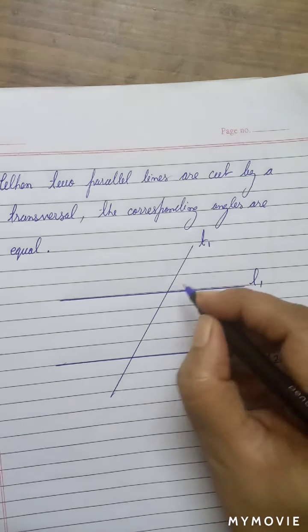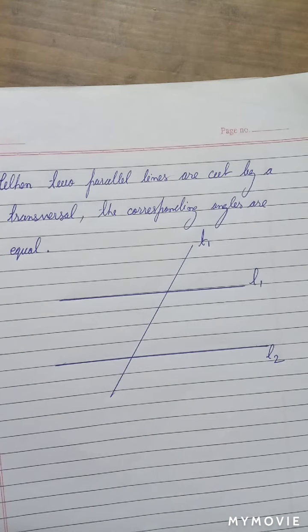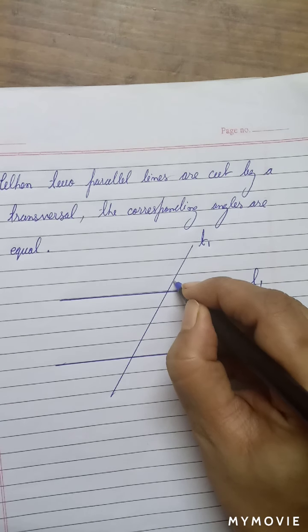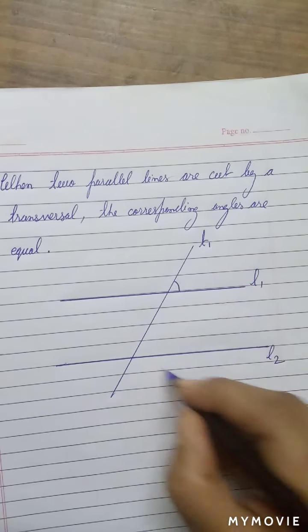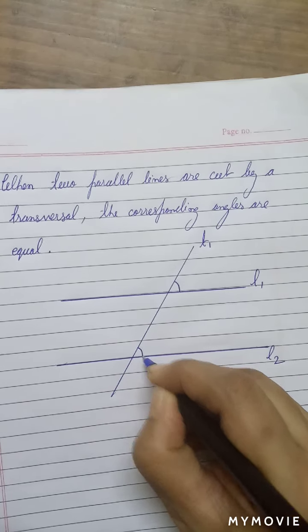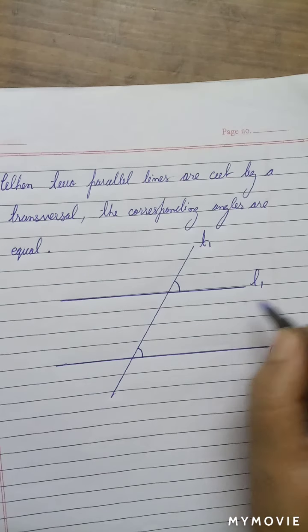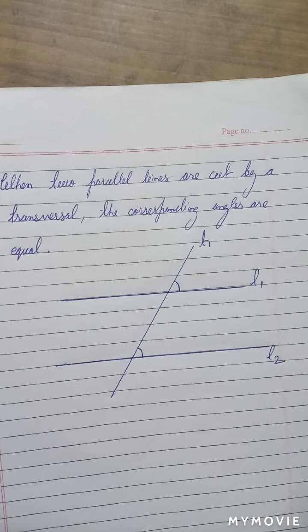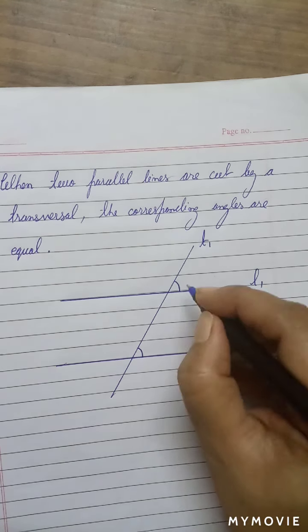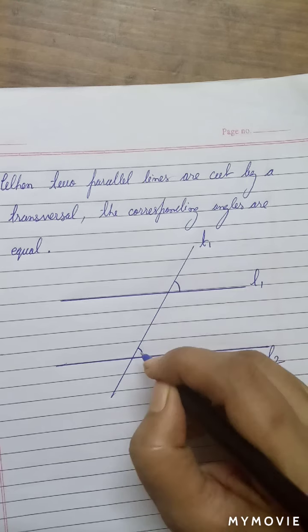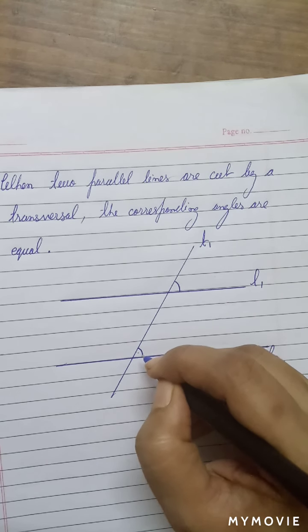In this case, we see here is one angle and here is another angle. Whenever two parallel lines are cut by a transversal, the pair of these two angles are always equal.